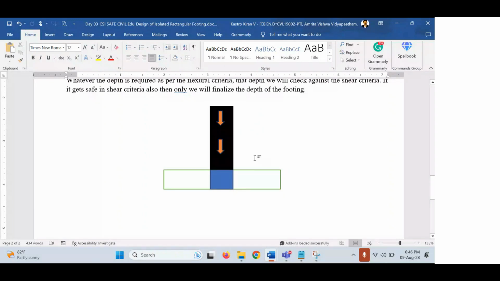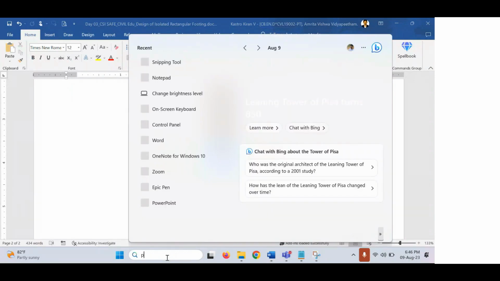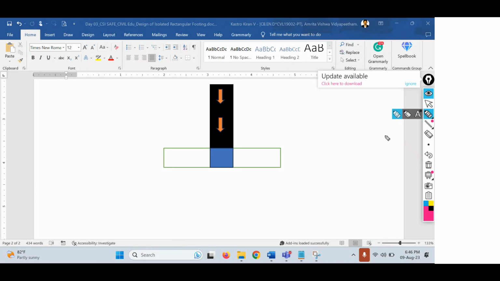The cantilever portions will also experience pressure, but it will be very small compared with the stiff area. If you don't design the foundation for the stiff area, the foundation will experience the uplift condition. What is that uplift condition? The foundation will experience something like this.